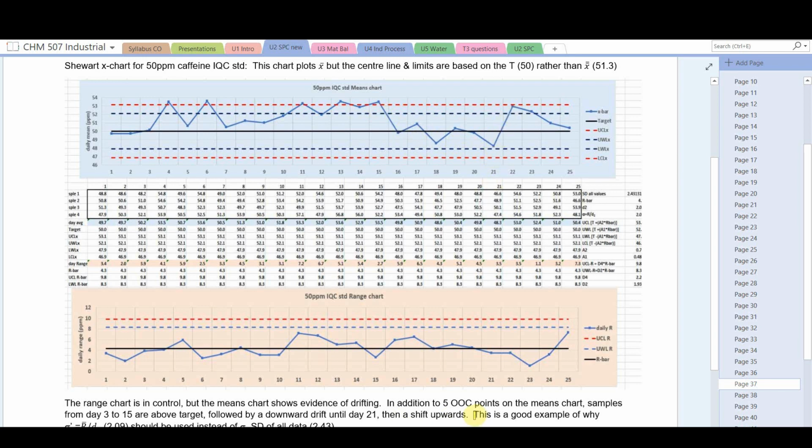Clearly this process is not in control, and this is a good example of why sigma prime, calculated from factors 2.09, should be used instead of sigma from the standard deviation of the data. If the data is not normally distributed, if it's out of control, it will bias or skew your results.